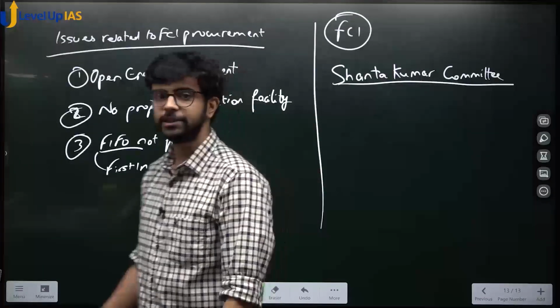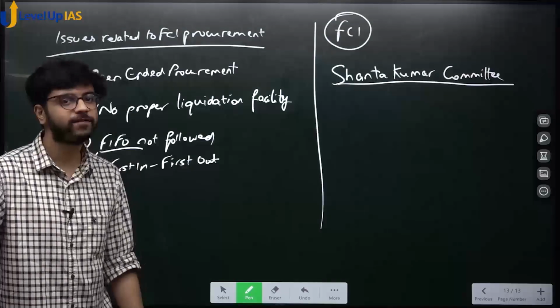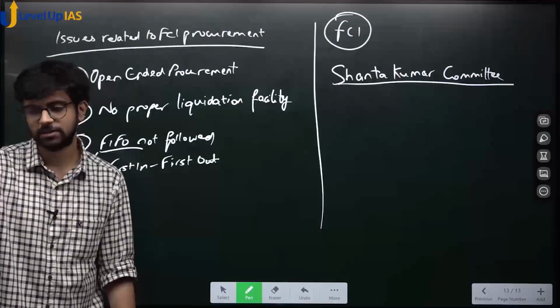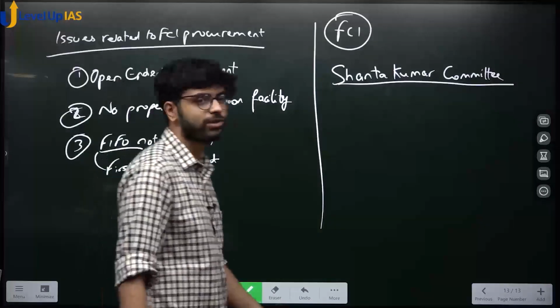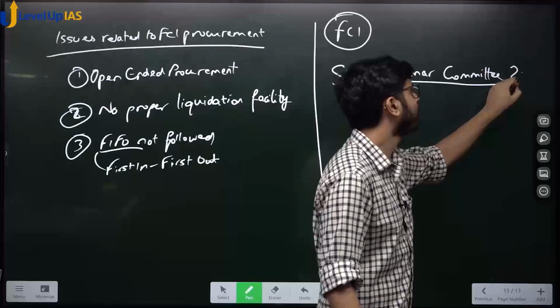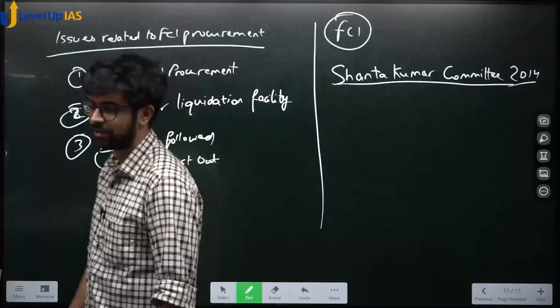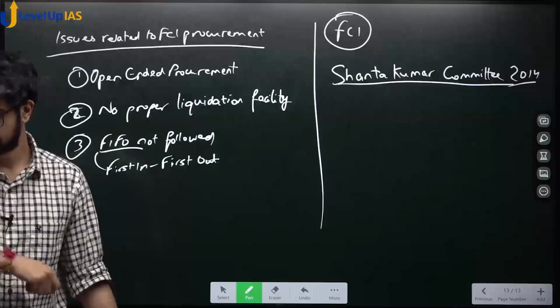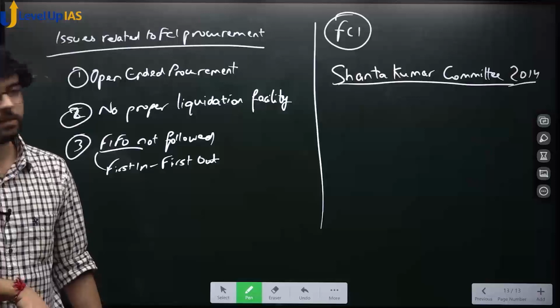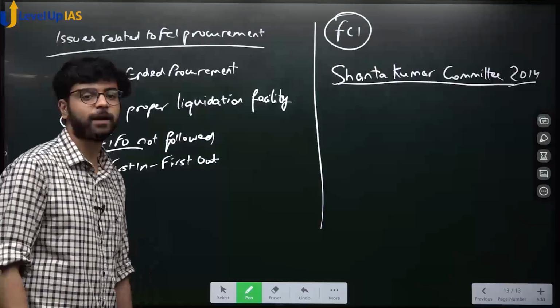They gave recommendations to revamp FCI. They said FCI will have to change. And this recommendation is not very old. It is 2014, so 5-8 years old. Very nice and interesting recommendations.